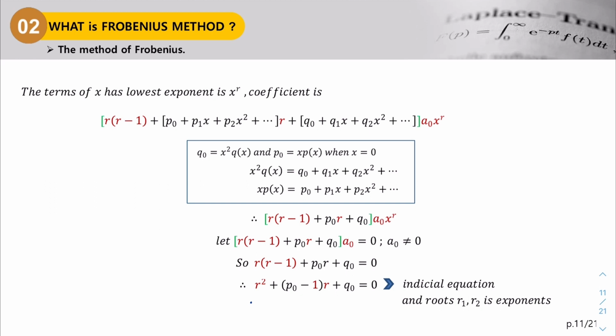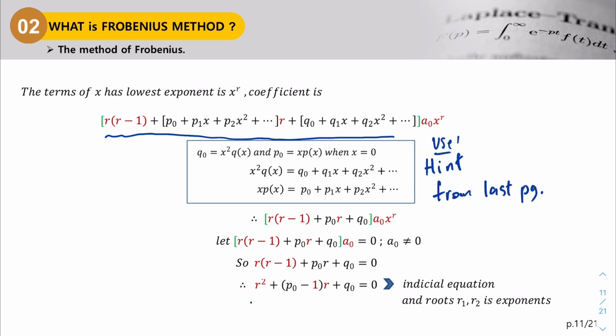The coefficient is the bracket times a0 x^r, hint from the last page. Okay, we get [r(r-1) + p0 r + q0] times a0 x^r.